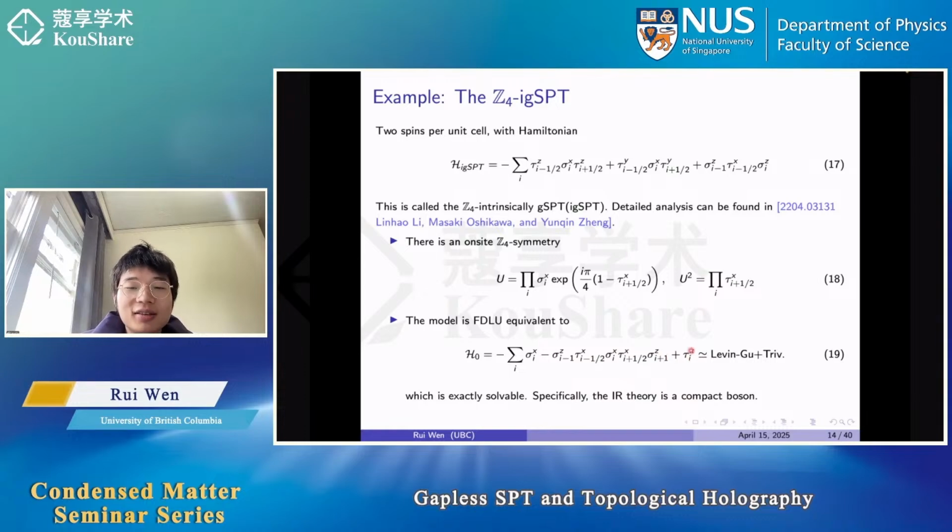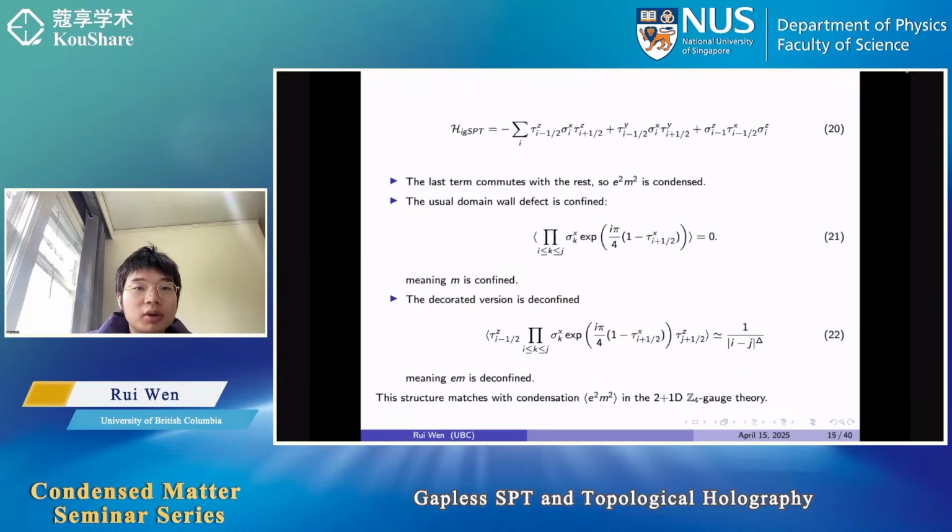And once this is set to 1, this is 1 and this is 1. So you just have sigma x minus sigma z sigma x sigma z. That is a standard Levin-Gu Hamiltonian. So it's gapless and it has anomaly. So this is exactly solvable, which means this model is also exactly solvable. You just apply this FDLU. And specifically, the IR theory is a compact boson. Okay, let's look at this.